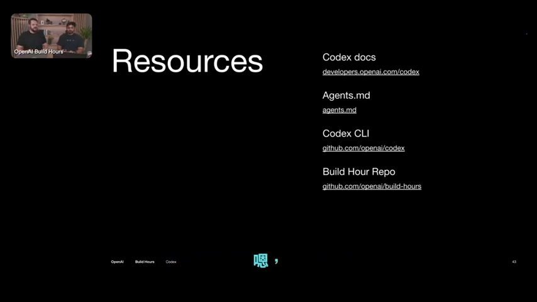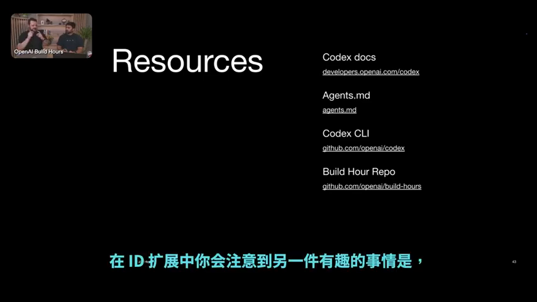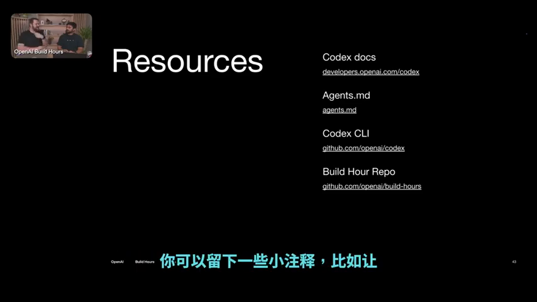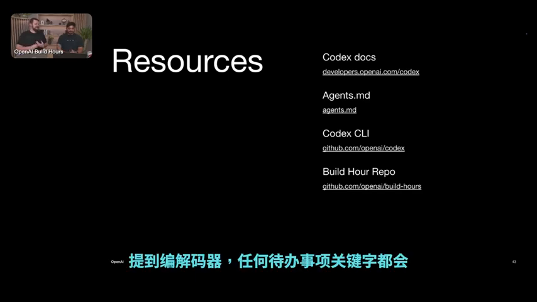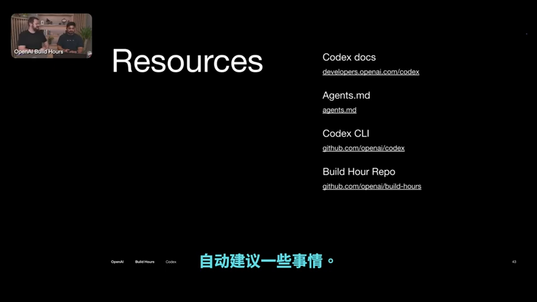The other interesting thing in the IDE extension is that you can leave little comments for Codex to implement things, and then you get a little hint that you can press to send this to Codex. Oh yeah, the to-do keyword. Yeah, exactly. Any to-do keyword, if you mention Codex, it's going to automatically suggest things.